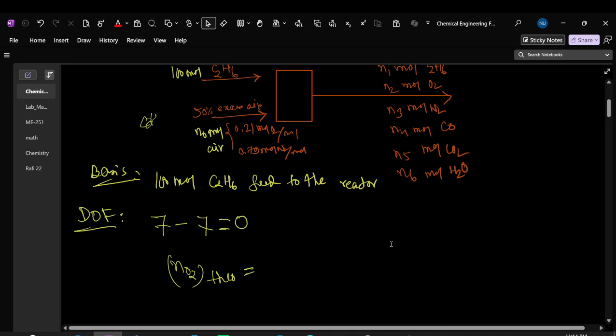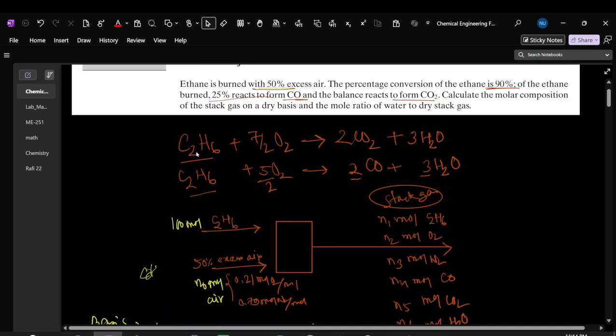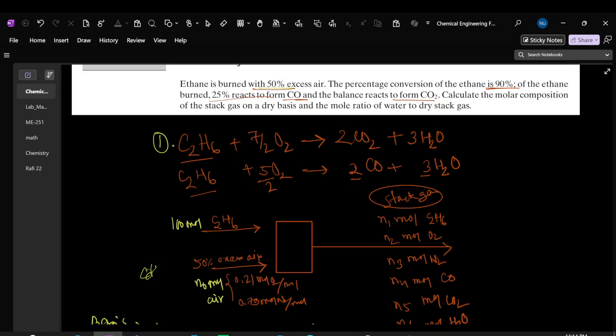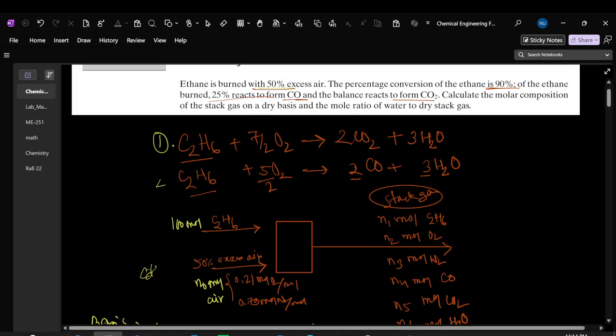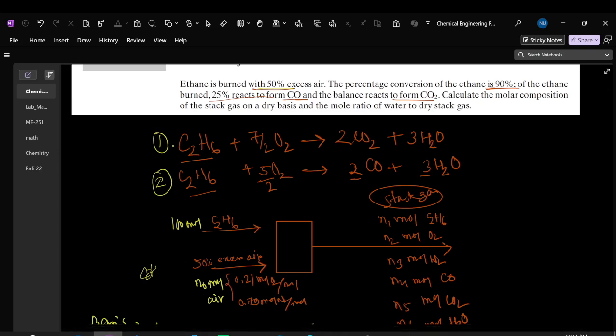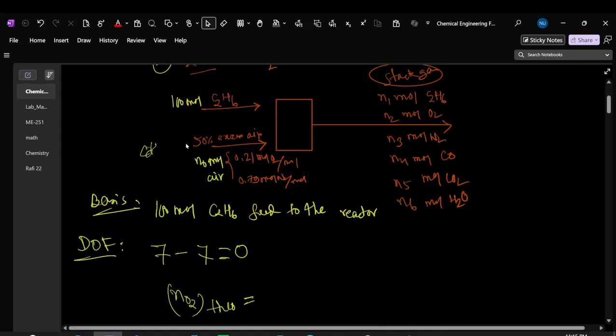If you see in the first reaction, for 1 mole ethane we need 7 by 2, or 3.5 mole oxygen to react. In the second reaction, 1 mole ethane will need 2.5 mole oxygen to create carbon monoxide.